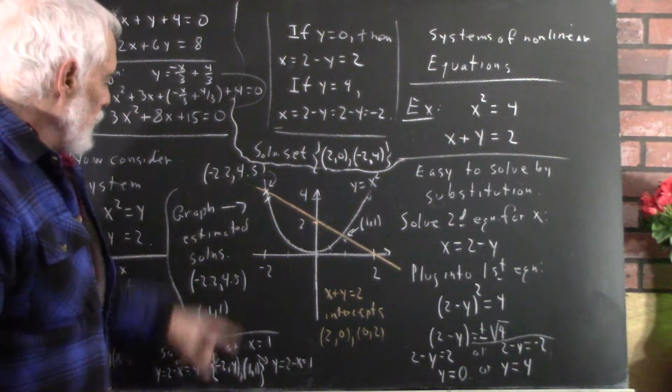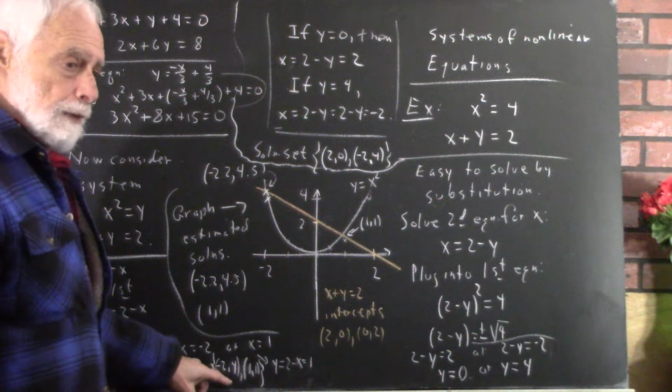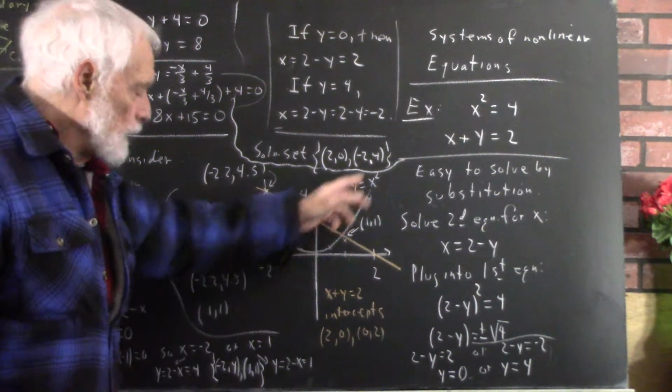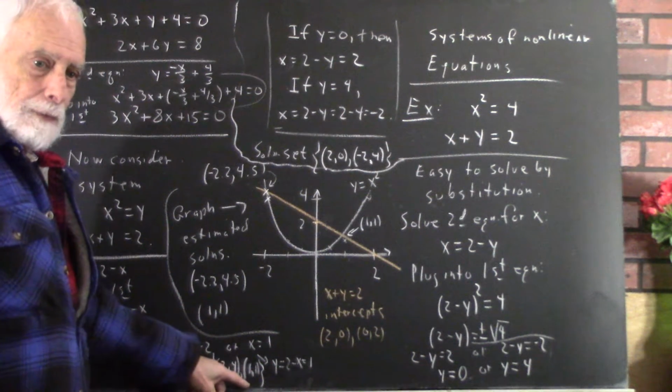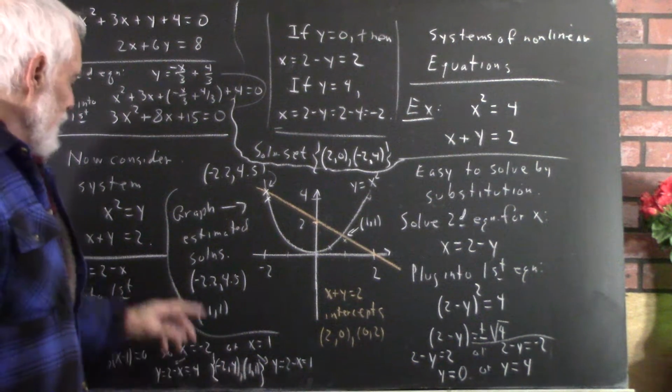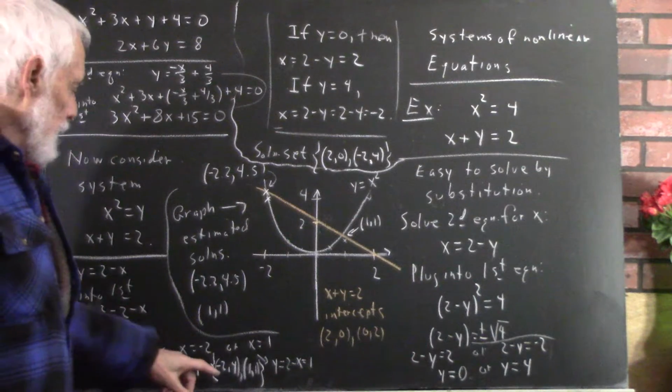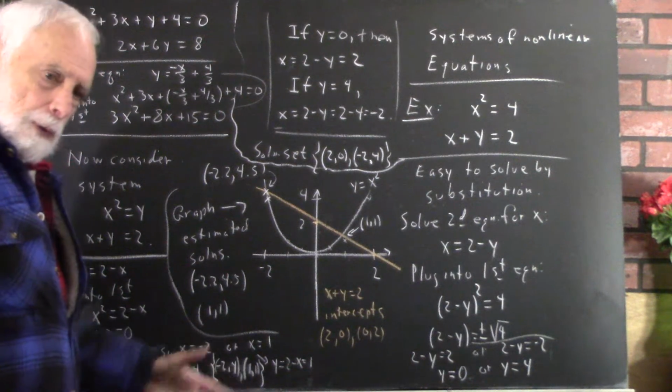Negative 2.2, 4.5 is reasonably close to (negative 2, 4), and this confirms that this solution is in the right ballpark, so we probably did the algebra right.